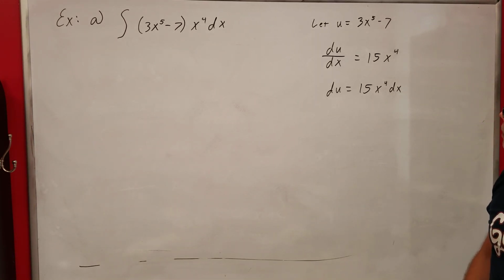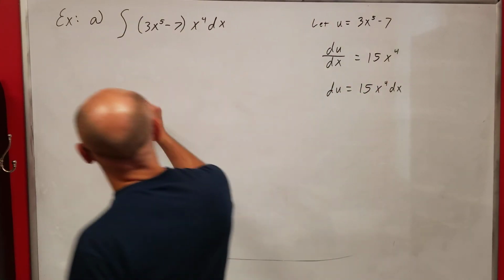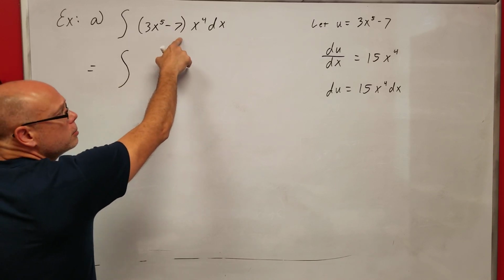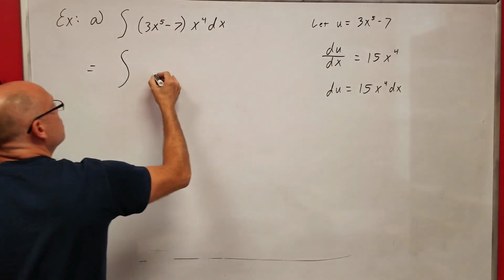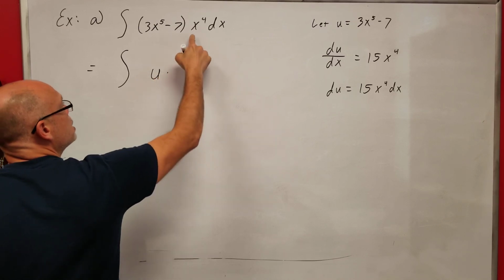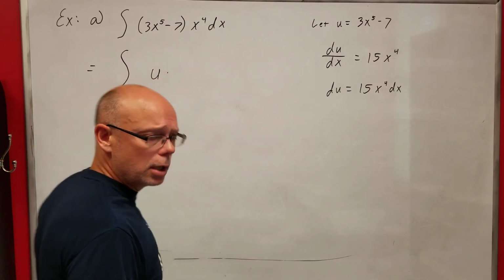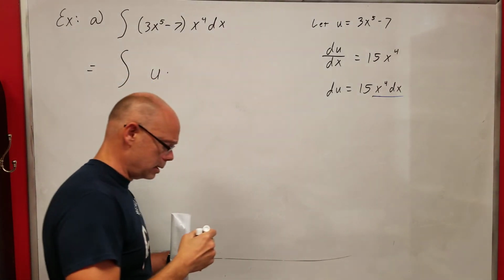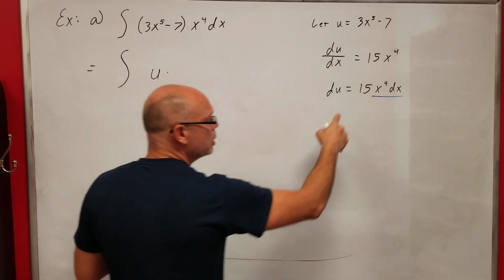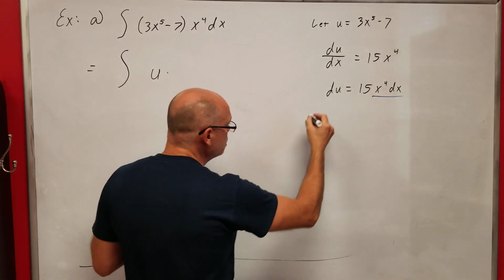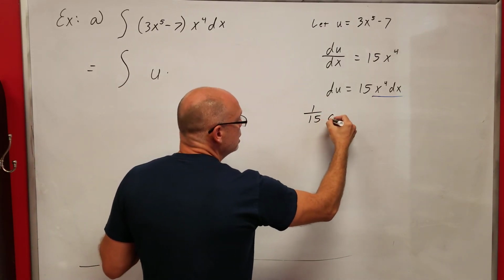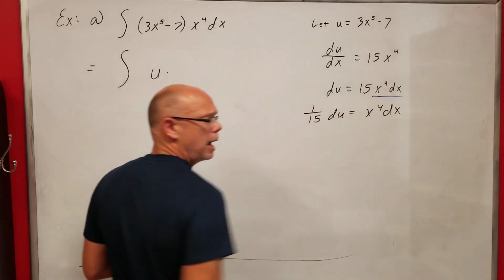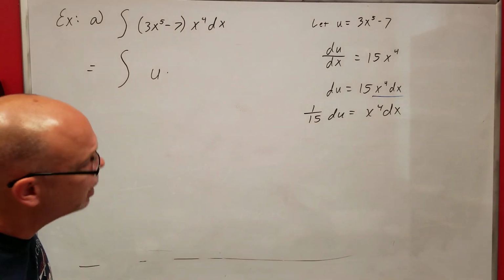All right, now, what I have here is the integral of u times x to the fourth dx. So what I want to do next is isolate this x to the fourth dx. I can isolate that if I divide both sides by 15 or multiply both sides by 1 over 15. So 1 over 15 du is equal to x to the fourth dx. I like that representation a little better, okay?